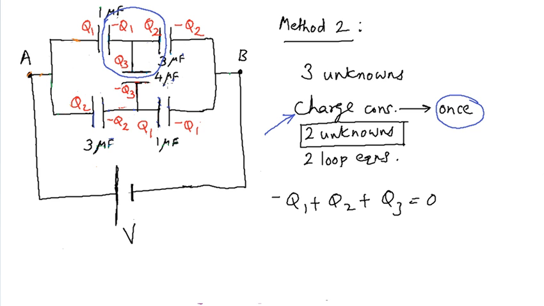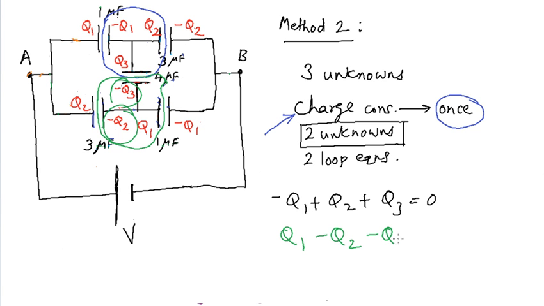One may be tempted to write a similar charge conservation equation for this particular volume, and the equation that we would get would of course be Q1, that is this charge Q1, and the second charge is this one, minus Q2, and the third charge is minus Q3.